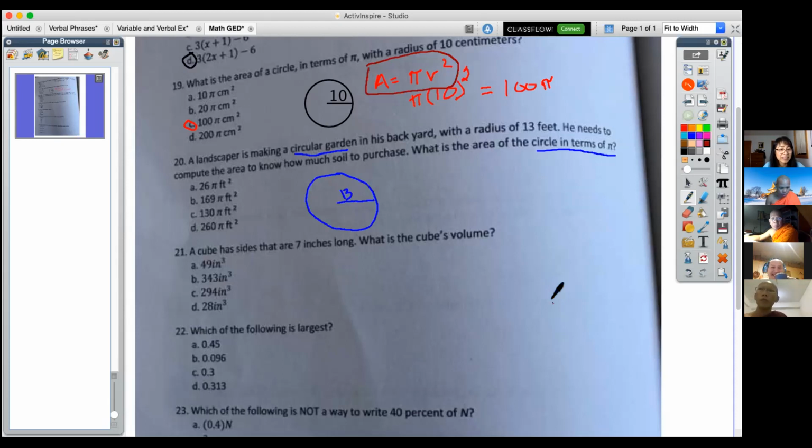I think letter D. B, this one? Yeah. It is B. Okay, 21.